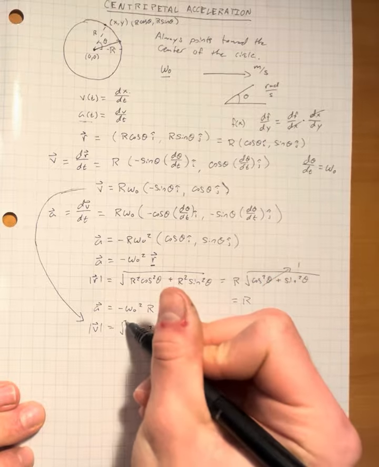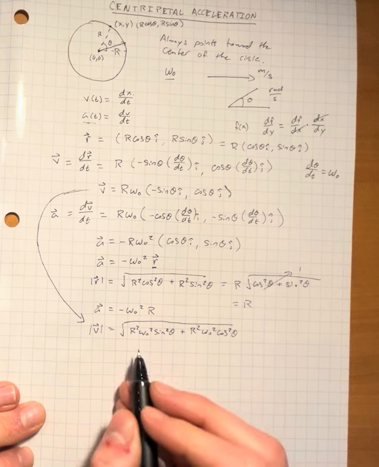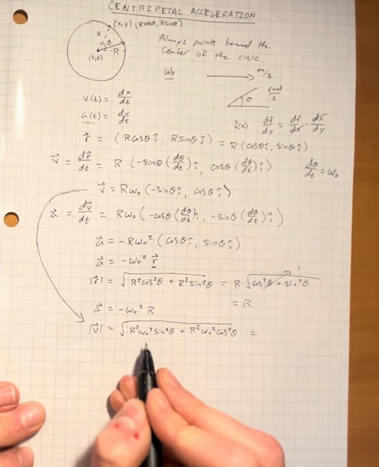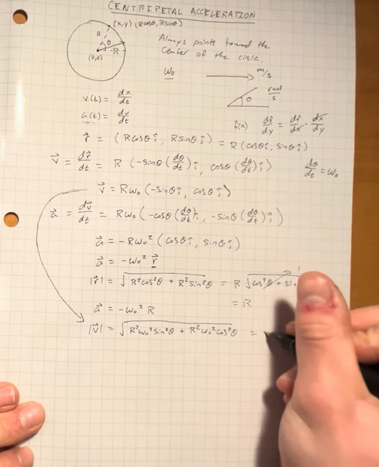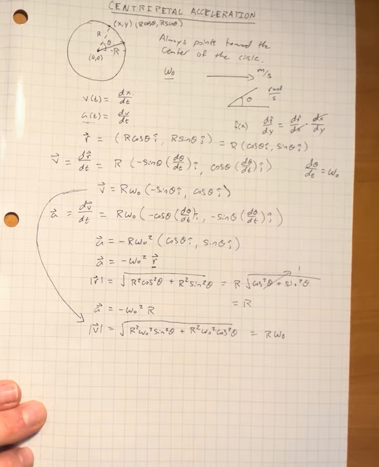And you should be recognizing once again that we have this sine squared theta plus cosine squared theta, which is just 1. So this simplifies to the square root of r squared omega naught squared, which is just r omega naught. So that's the magnitude of our velocity.